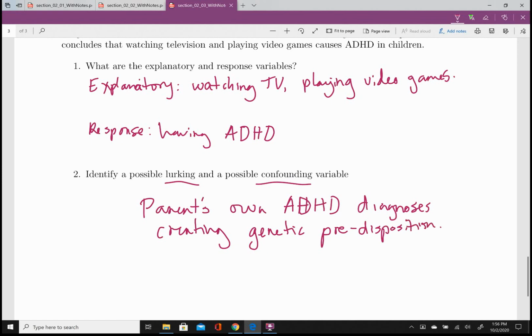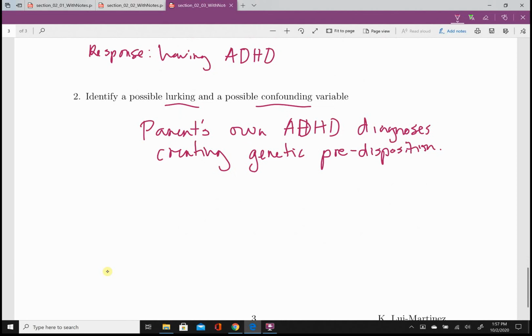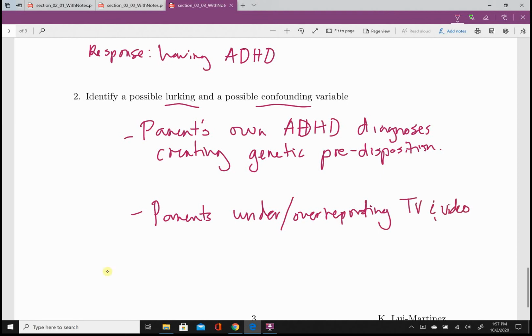Another thing I could think of is maybe parents are over-reporting or under-reporting how much TV and video games their children watch.